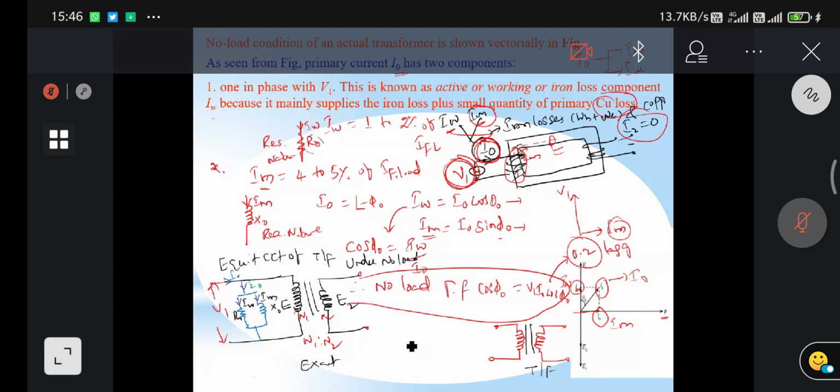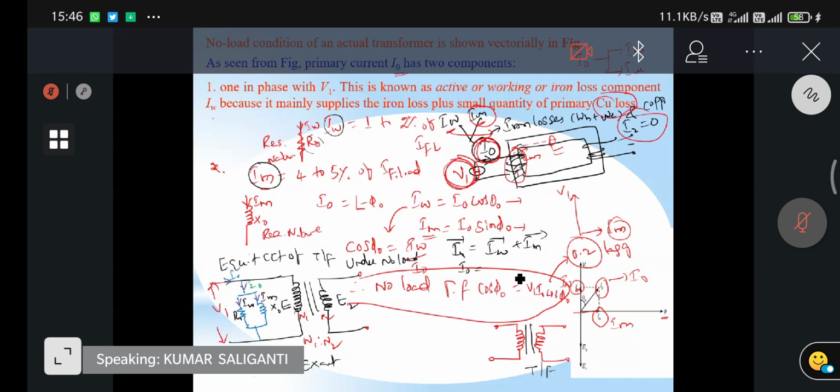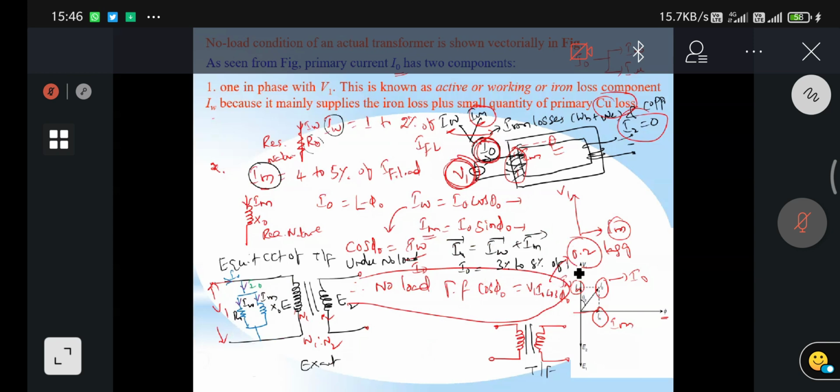One point you have to remember: the vector sum of Im and Iw gives I naught, which will be 3 to 8% of the full load current. This is the most important point here.